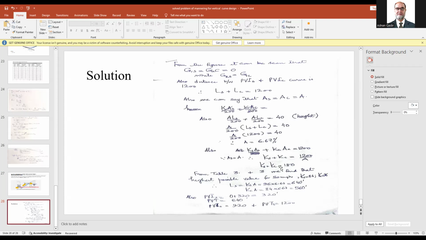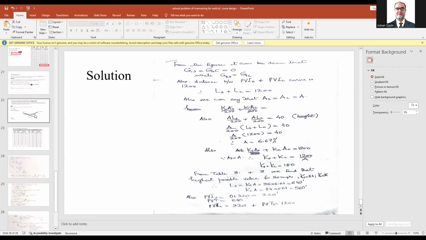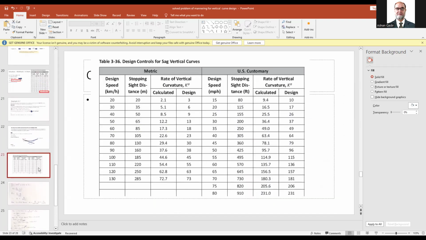And since Ks is equal to Kc, we have to apply trial and error in which we find some value of Ks and some value of Kc, and the sum becomes 180. So what we can know is, for the sag curve, let me show that figure, for 50 miles per hour, this K is 96.